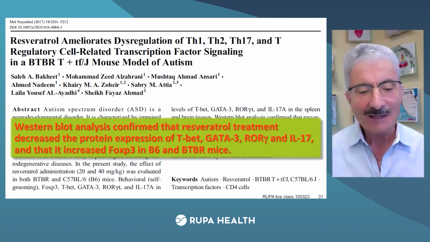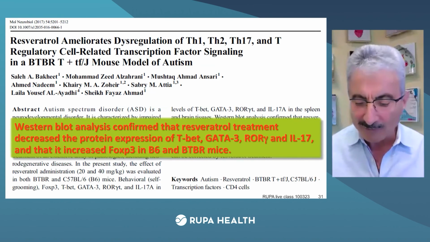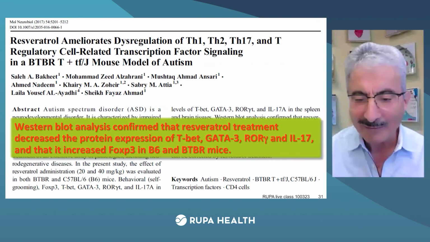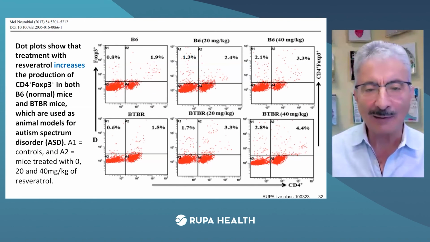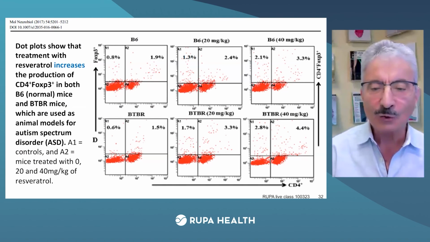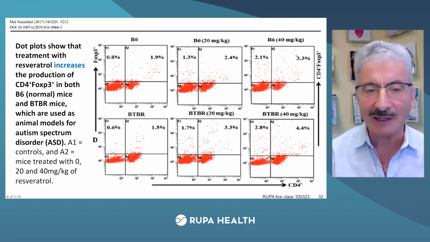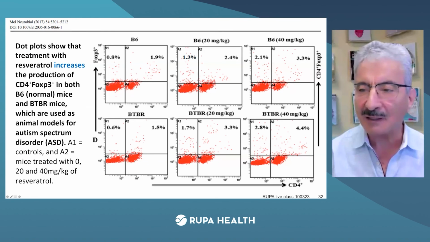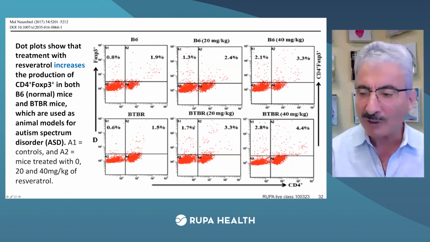And in this case, in a mice model of autism, when they gave resveratrol in two different animal models of autism, it could increase the number of regulatory T cells from 1.9% to almost double, 3.3%, in both cases.